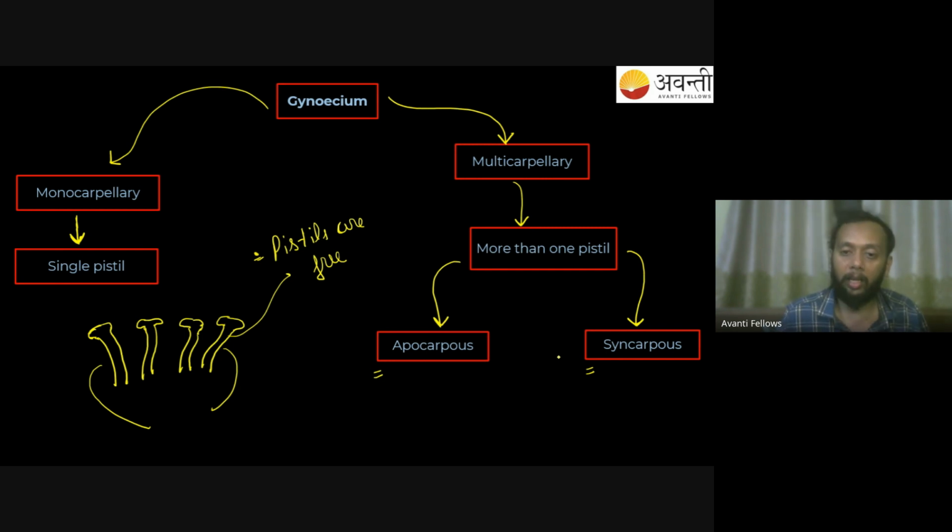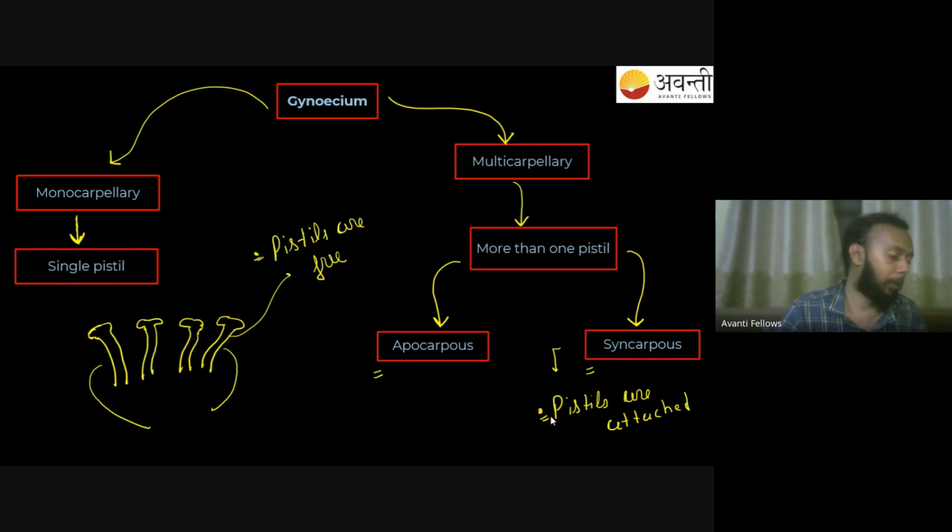So याद रखना, in syncarpous the pistils are attached. These are the two terms you have to know, syncarpous and apocarpous, and they should be clear to all of you.